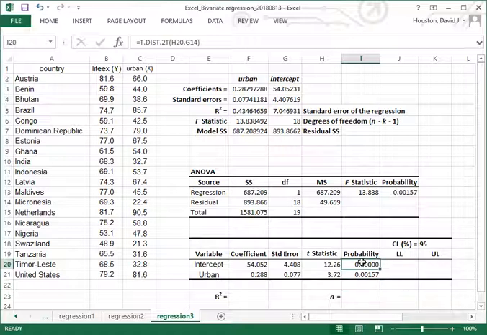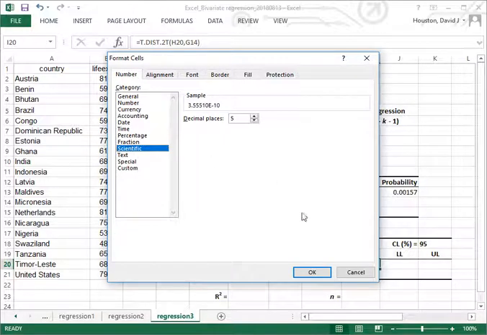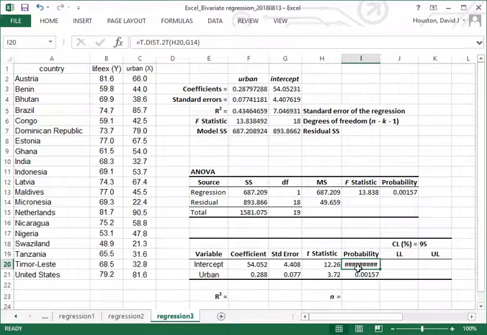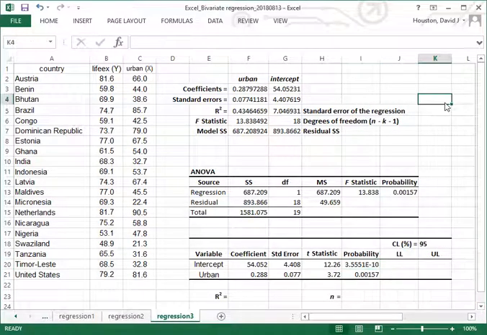Now, as far as the intercept, what we'll notice here, let me go ahead and format this cell just a little bit. And what I'm going to do here is come up and choose the scientific notation format. And let me go ahead and make it a little bit smaller so it will be displayed here. Now, it doesn't have a probability value of 0, which would mean that it can't come from a population with an intercept of 54.052, a population where the intercept is actually 0.